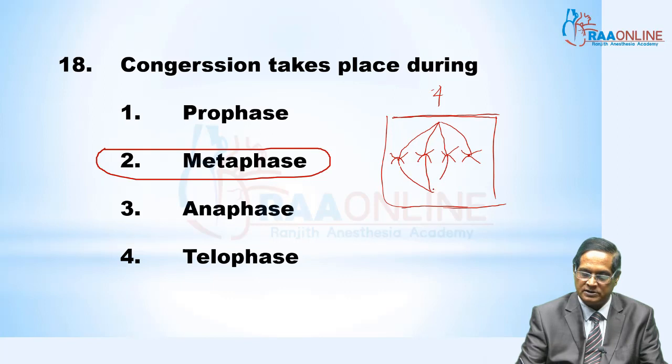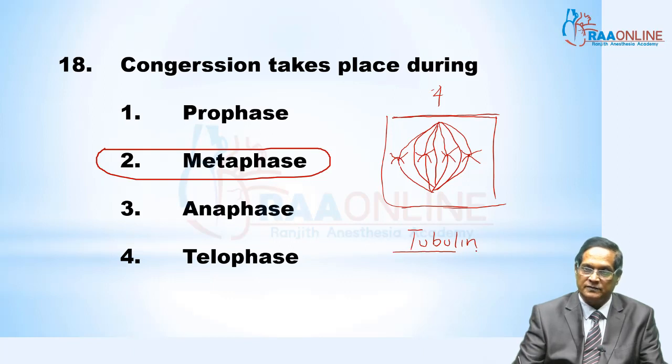Spindle is a fibrous structure, and spindle formation requires a specific protein, that is tubulin protein.